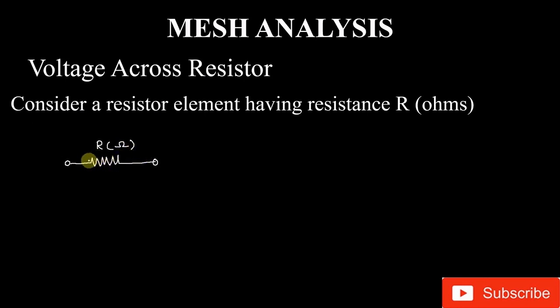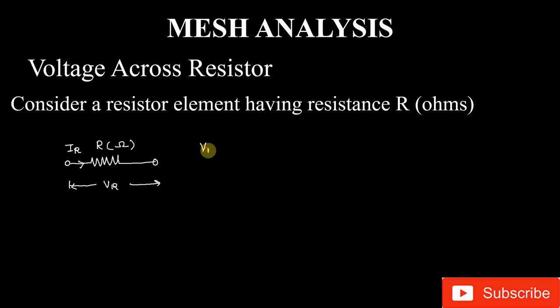I assume the current through it is IR, and the voltage across it is VR. So VR is the voltage across the resistance, IR is the current flowing through it. Our aim is to find VR, the voltage across the resistor.